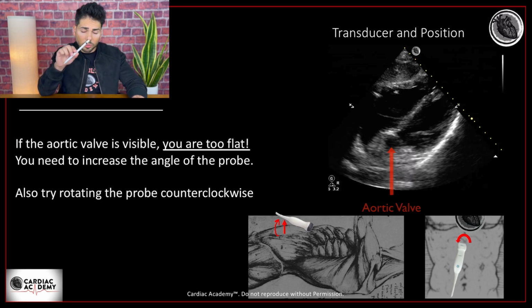If you see the valve, try increasing the angle of the probe, and you can also rotate slightly counterclockwise, okay? That's going to make it go away. When you see the aortic valve, it's almost like a 5-chamber view, but we're looking for the subxiphoid view, so the aortic valve should not be there. We shouldn't see it, okay?